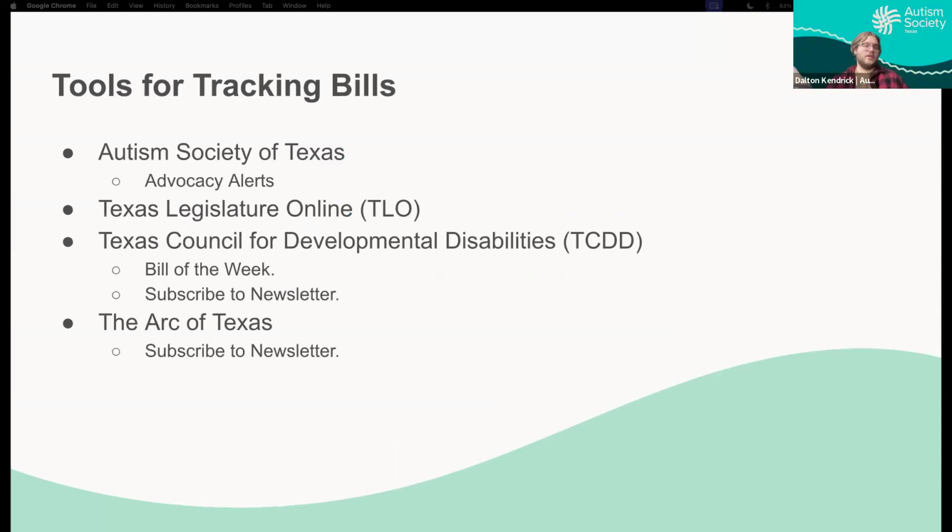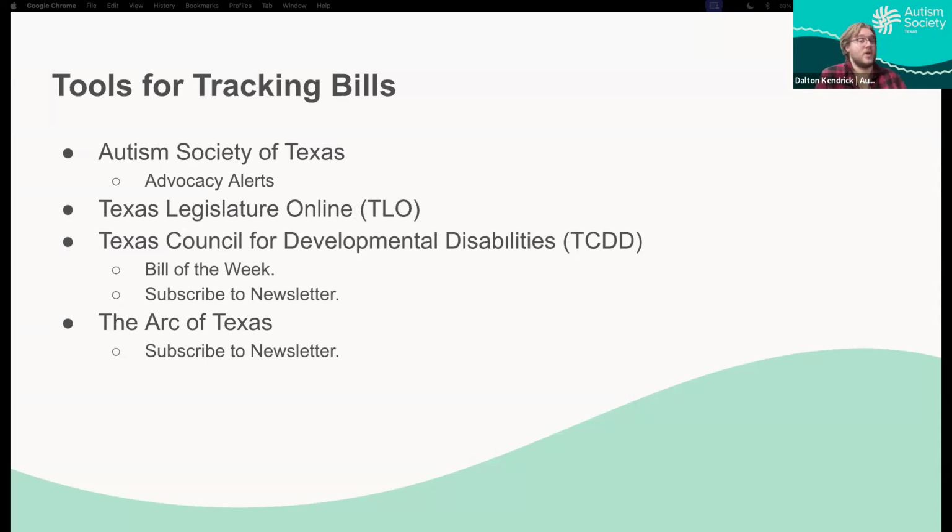Just a couple of really good tools to use for tracking bills, pieces of legislation, anything you're interested in. The Autism Society of Texas has advocacy alerts that you can sign up for, and they will send information about bills.